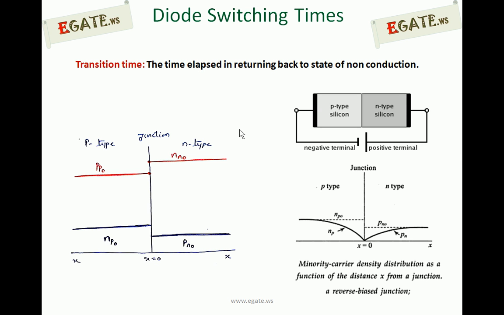So reverse recovery time is the time required for the diode to change from forward bias to reverse bias, whereas forward recovery time is the time required for the diode to change from reverse bias to forward bias. Generally, reverse recovery time dominates over forward recovery time. So we must study reverse recovery time.